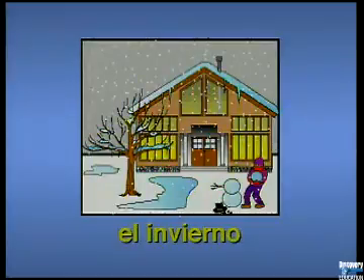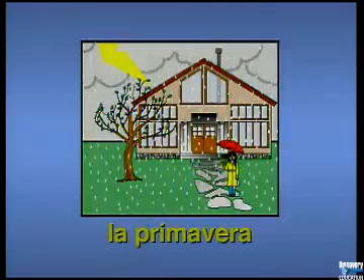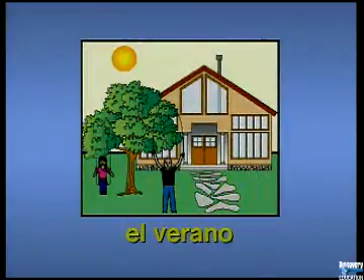Right. And that is what? Winter. That's right. Nieva, the snow falls. Y hace frío. Then we have primavera, where it rains and it's windy. Right. Llueve, hace viento. And finally, el verano. Hace sol. Hace calor. It's hot. It's sunny. Hace buen tiempo.